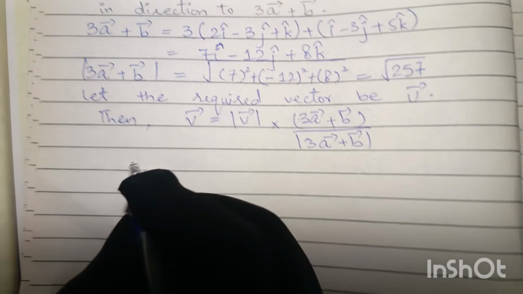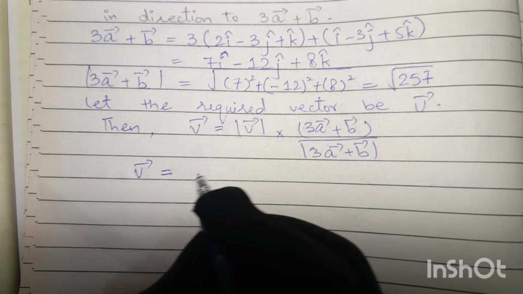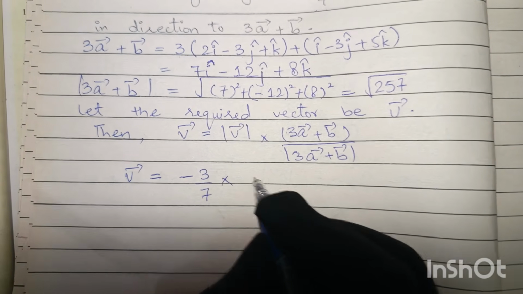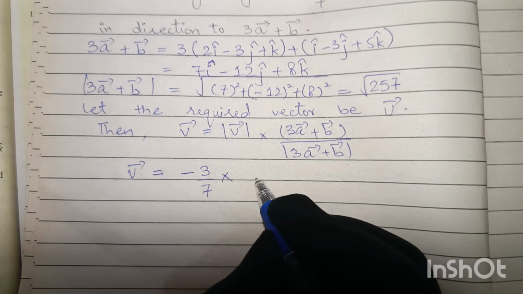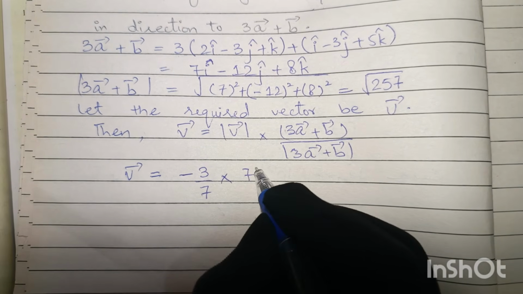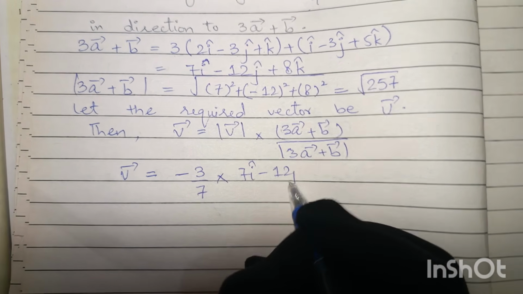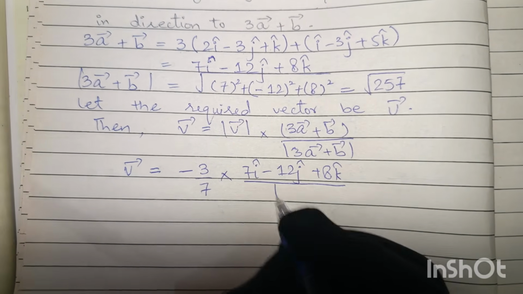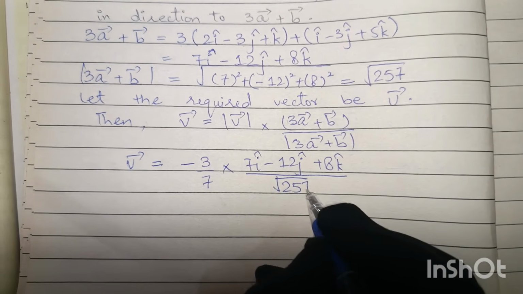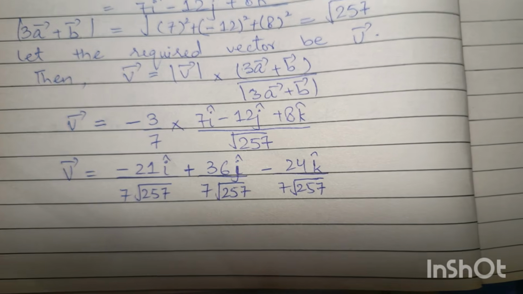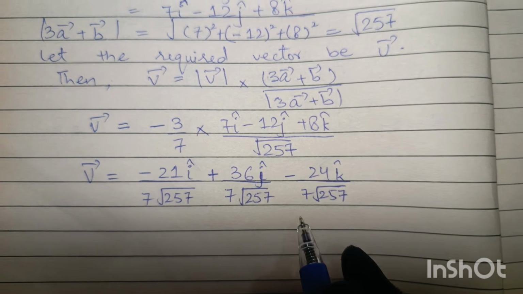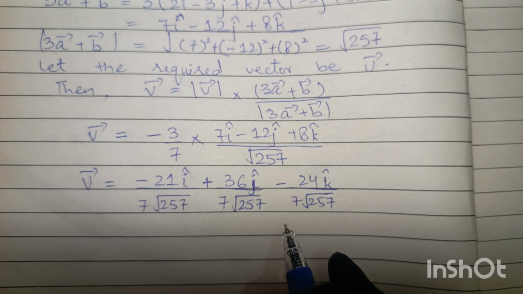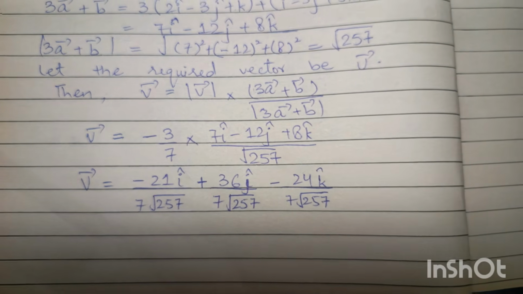So now we will put the values. Minus 3 by 7 multiplied by 3A plus B, which has value 7i minus 12j plus 8k, divided by square root 257. So after simplification we get the v vector, which is the required answer of this part. Here we have completed the question number 8.